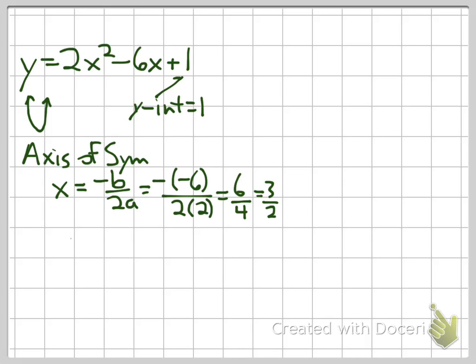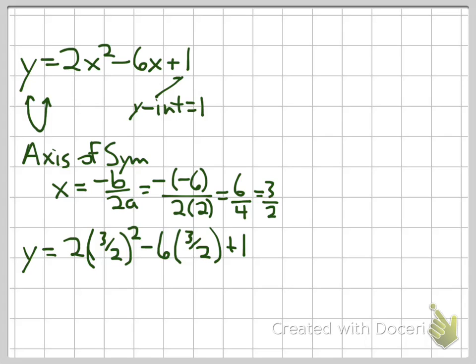We plug that in to our equation. We get 2 times 3 over 2 squared minus 6 times 3 over 2 plus 1. Now, 3 over 2 squared we should know is 9 over 4. I then multiply the 9 by 2, and I can just make this 18 over 4.